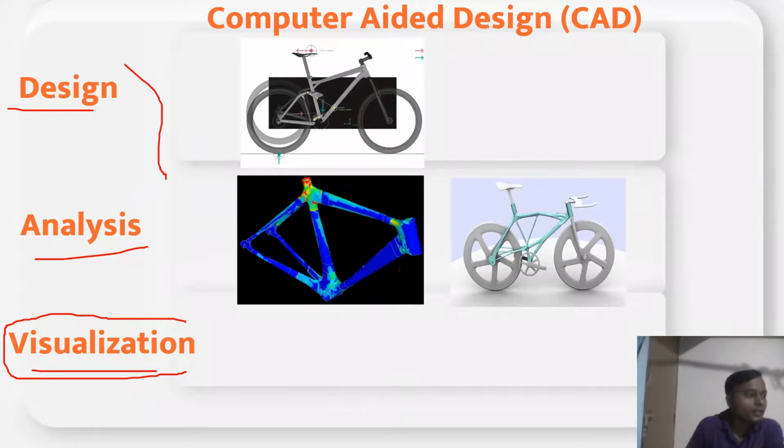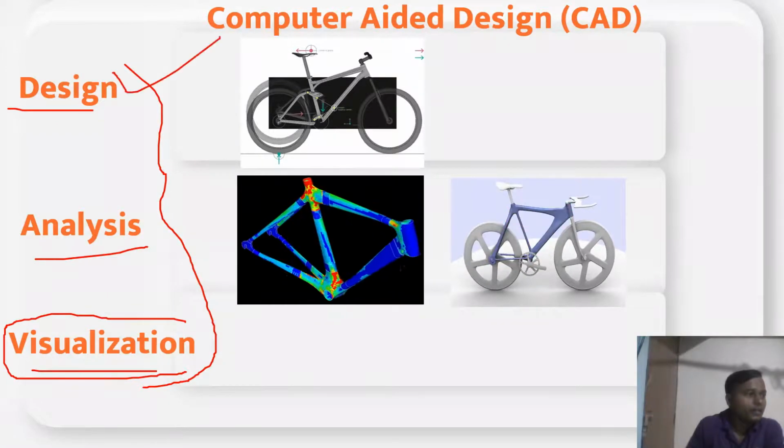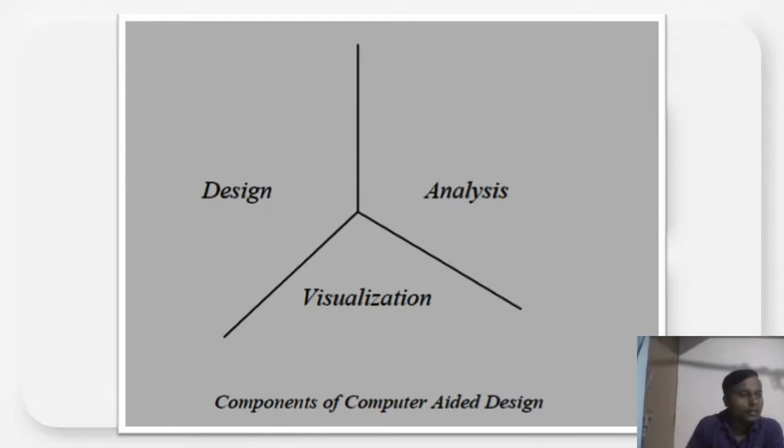These are the three basic components of any CAD model: design, analysis, and visualization. You now know what design is, what analysis is, and the visualization of any component.